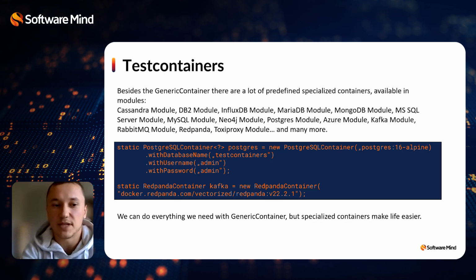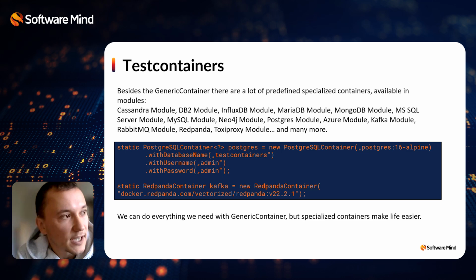Like with database name, with username, and with password. It's a really easy and convenient thing to use. They have pretty much everything I always needed in those APIs. So yeah, if we use specialized containers, we're good to go.